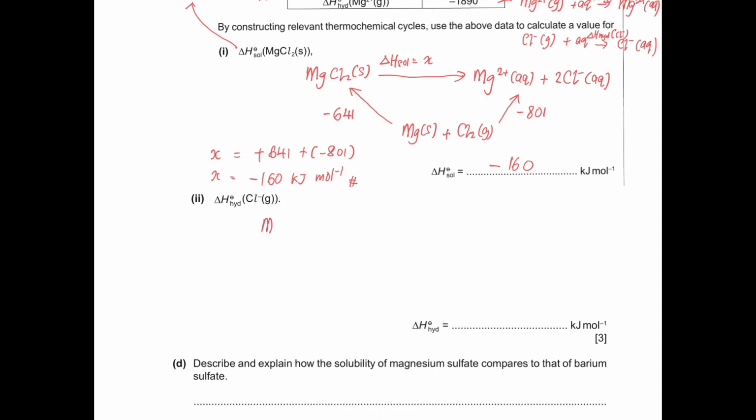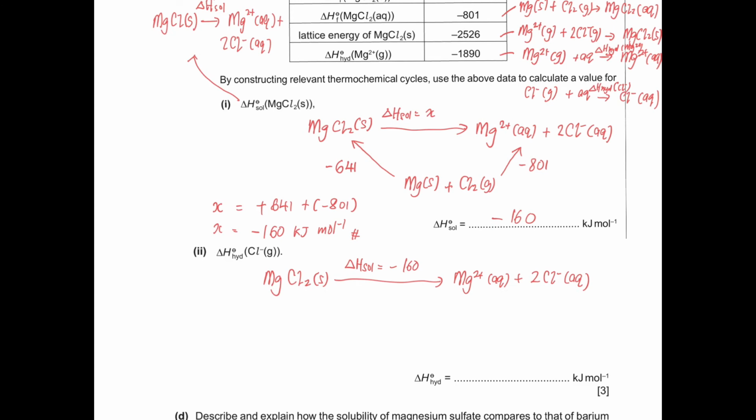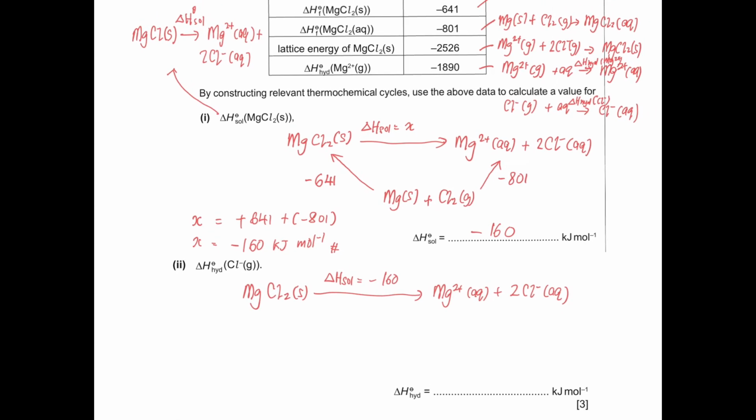So magnesium chloride solid, the delta H solution is negative 160 from what we found, to magnesium 2 plus aqueous plus 2 chloride aqueous. Now our thermodynamic cycle must involve hydration.